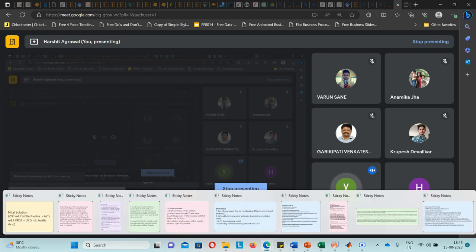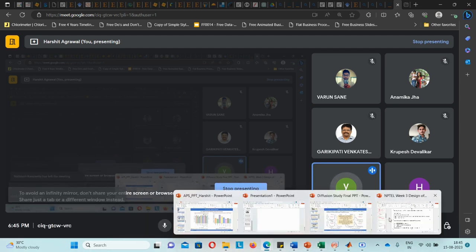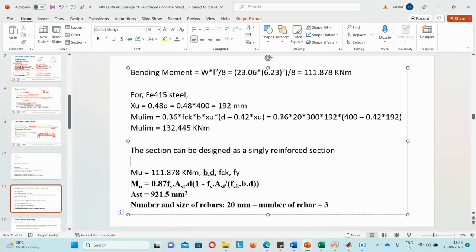Sir, but we have not checked whether our section is a balanced section or over reinforced or under reinforced. And now, without knowing that, we are finding out the moment of resistance. For checking whether the section is under reinforced or over reinforced, we need to know the design parameters of the section. We don't know the area of steel that is in the beam.